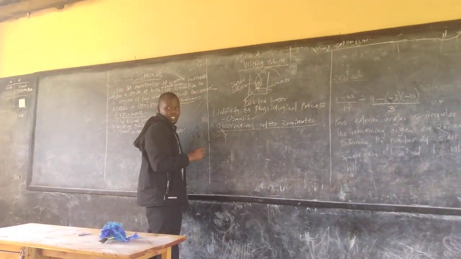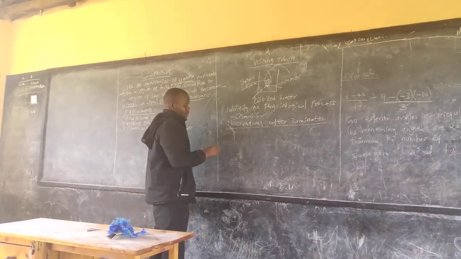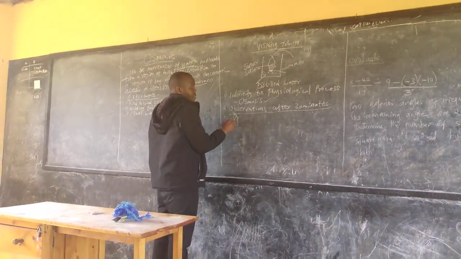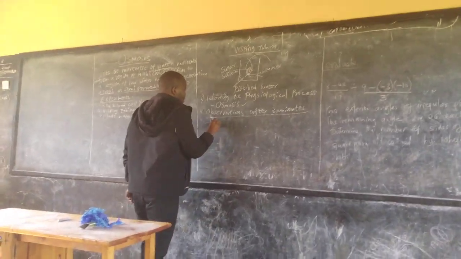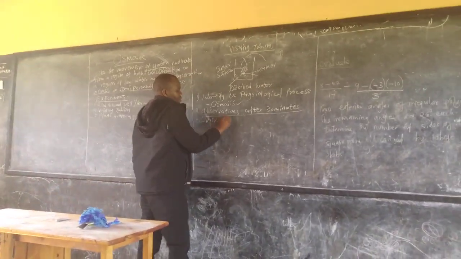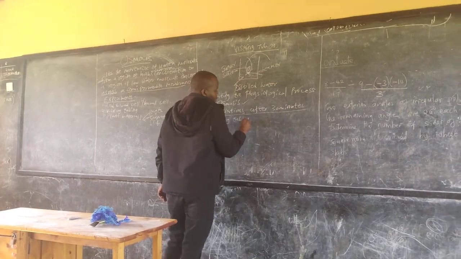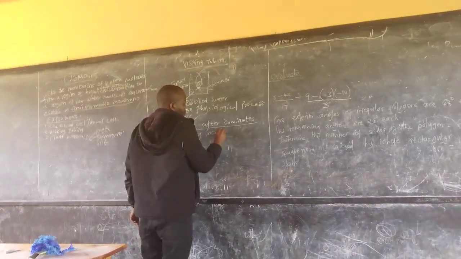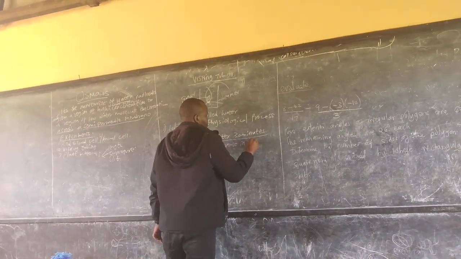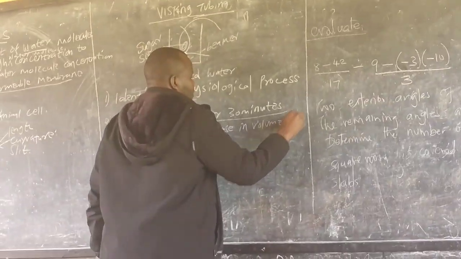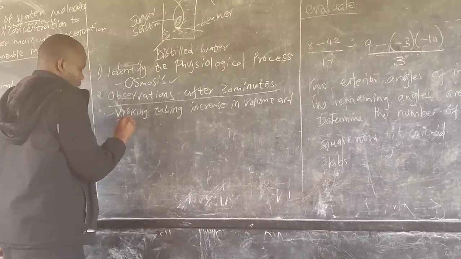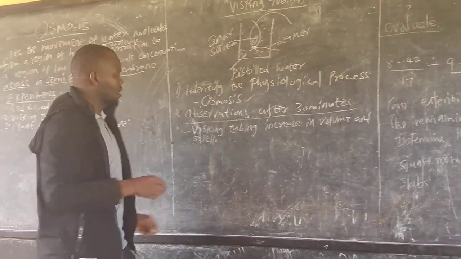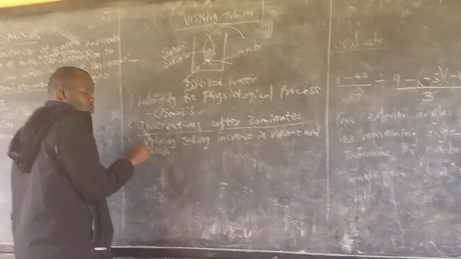Our first observation is the biscuit chipping increases in volume and swells. Why is it swelling? It will take up some water, right? Yes. Then number 2, we are saying water volume.